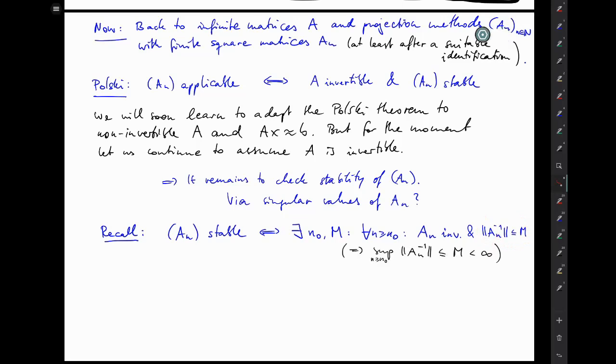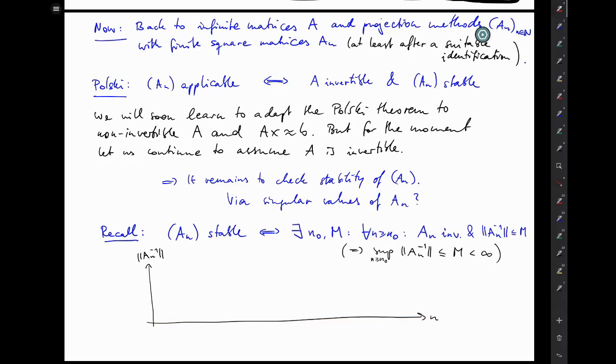So we often express it in this form: the supremum of all the norms of the inverses is finite, and in this case it's bounded by this global constant capital M. If you want to draw something at this point, then it's probably the following diagram, where you put the integers n over here, and for every integer you mark the norm of the inverse of A_n up here.